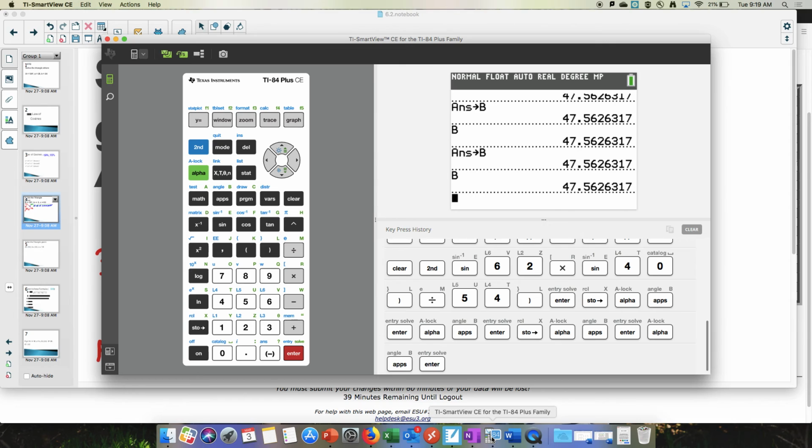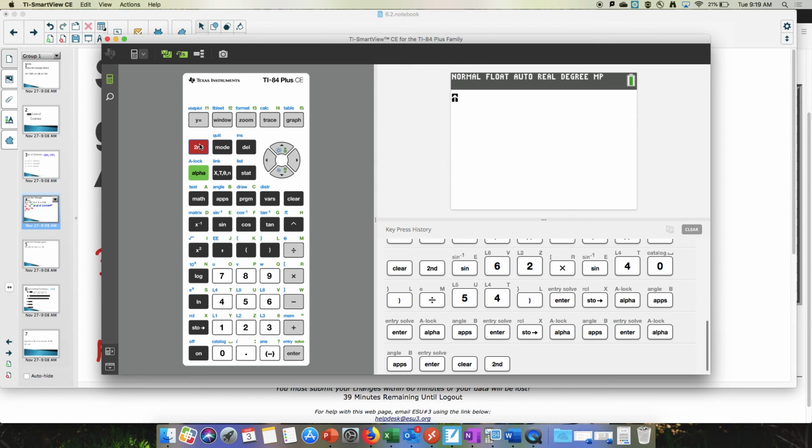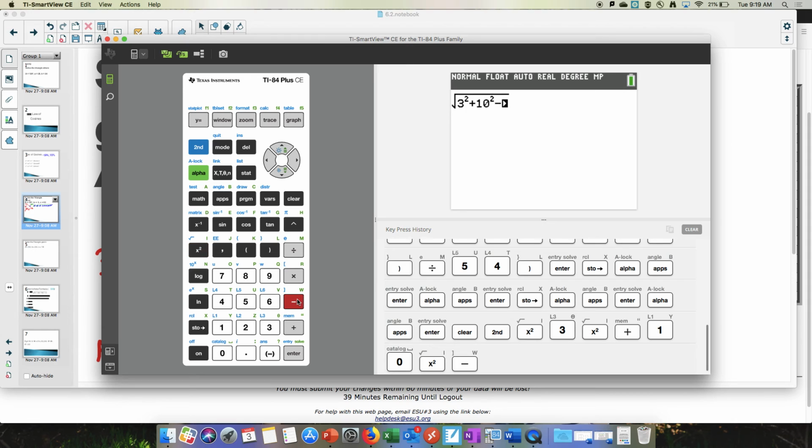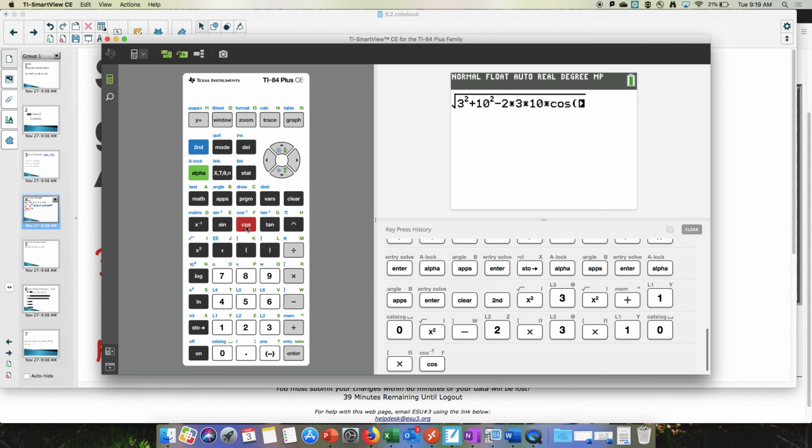We can type in the square root of 3 squared plus 10 squared minus 2 times 3 times 10 times the cosine of 55.